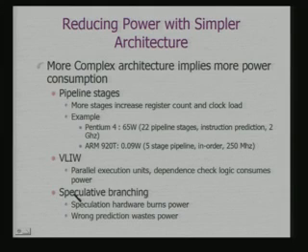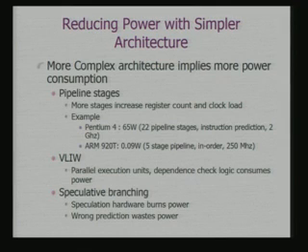Next thing is speculative branching. Today most of these Pentiums and others use speculative branching in hardware. So, what is really speculative branching? That means you try to speculate what would be the next instruction to be executed, you predict and accordingly take actions. This prediction hardware burns power, and if there are wrong predictions, you actually waste power.